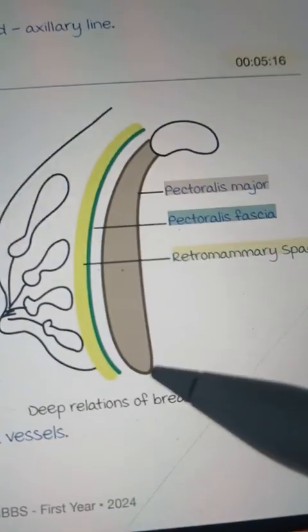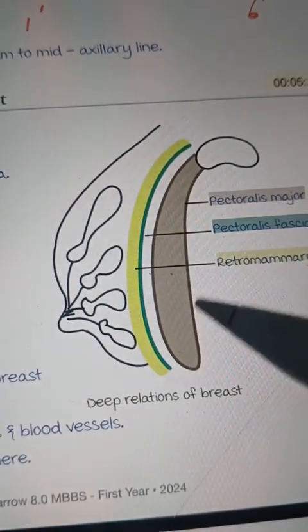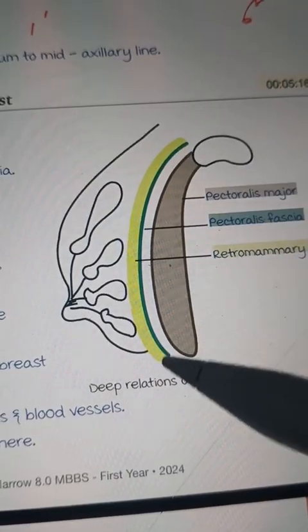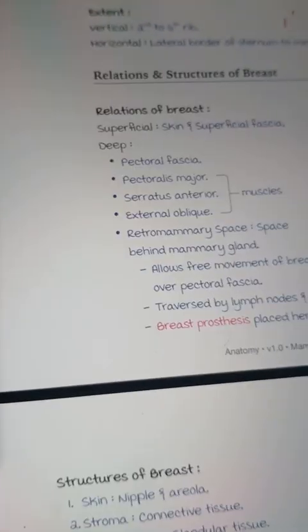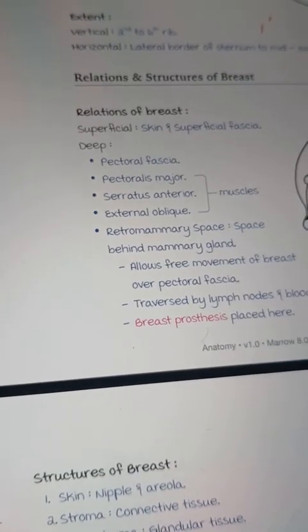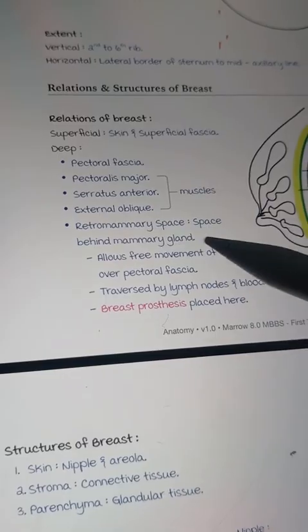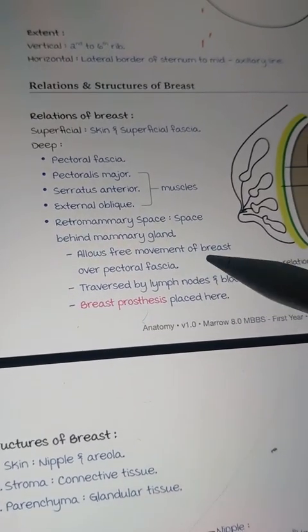If you can see over here, that is pectoralis major, pectoral fascia, and the retromammary space, serratus anterior, and the external oblique muscle.